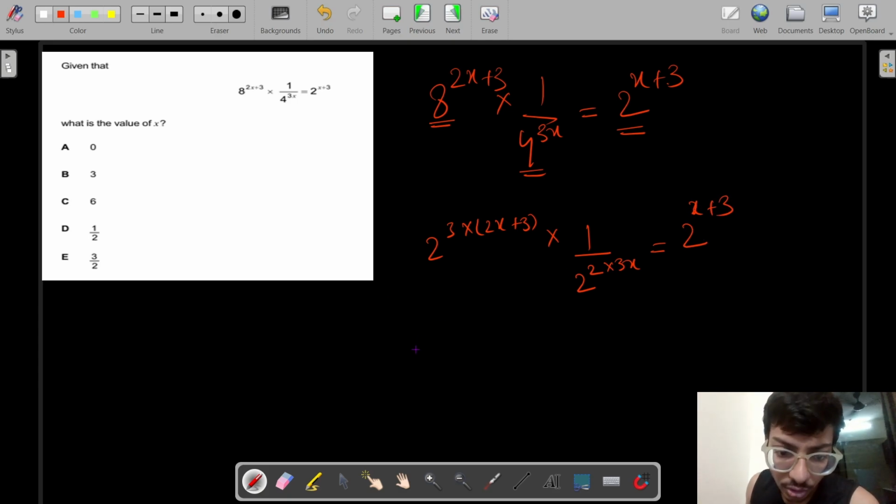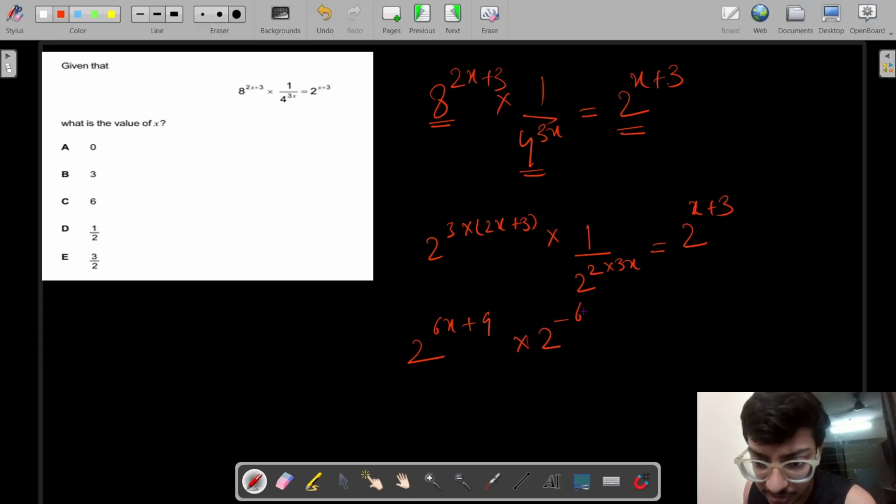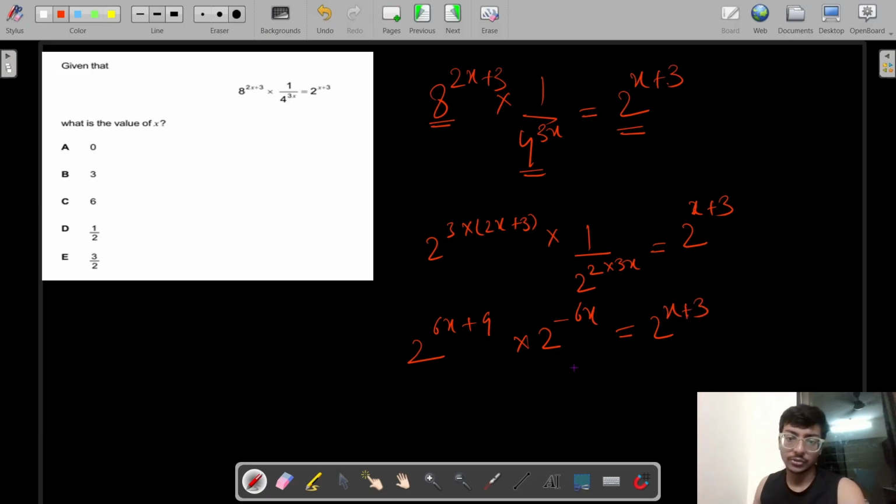So it comes out to be 2 to the power 6x plus 9, into 2 to the power minus 6x, which is equal to 2 to the power x plus 3. Fine.